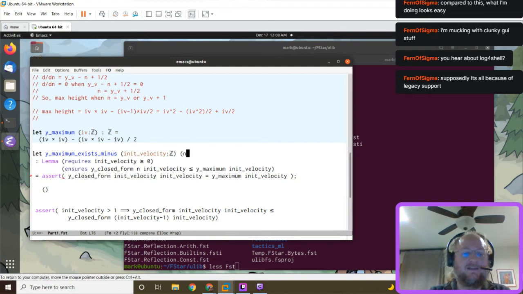When n is less than init velocity, let's say less than or equal to.